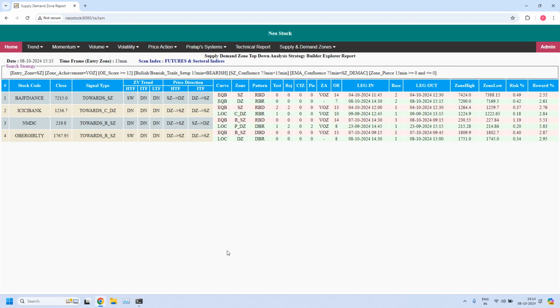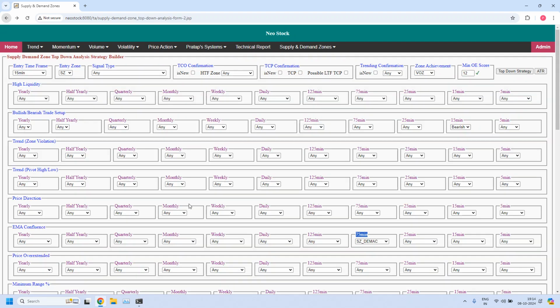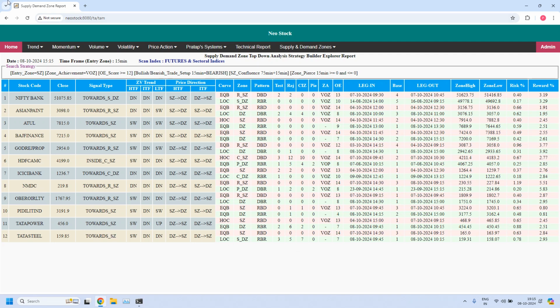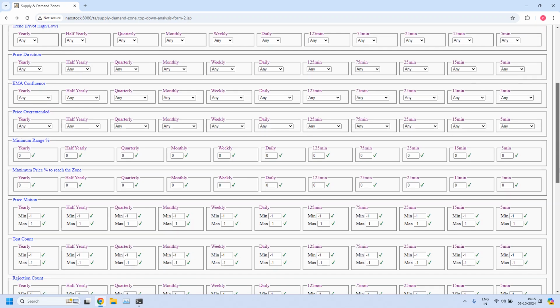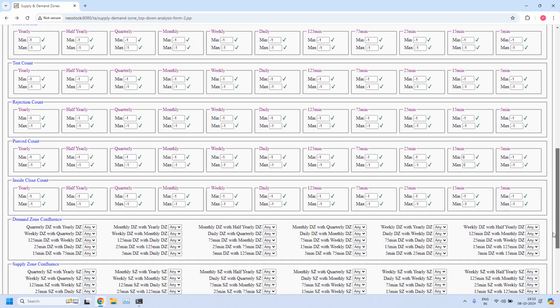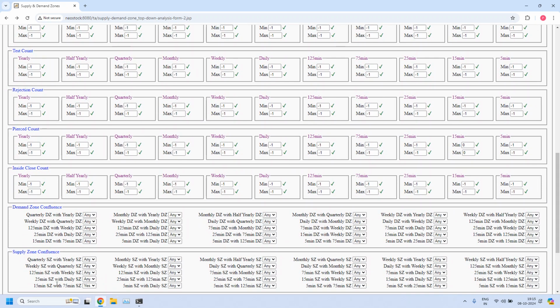Okay, next let us look for LTF, ITF, HTF confluence. Without EMA, earlier how many we got? Only LTF and ITF confluence we got 12. Now let's verify out of 12 how many are having even HTF supply zone confluence. Already we enabled 15 minute supply zone with 75 minute supply zone.